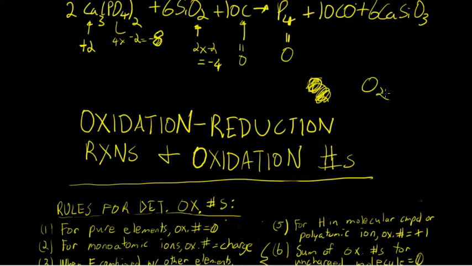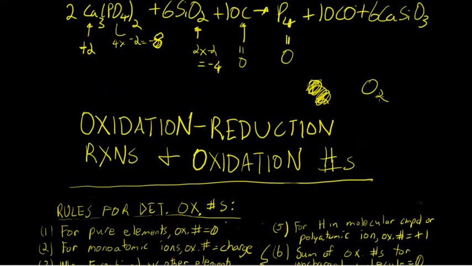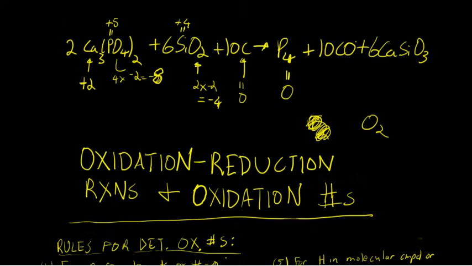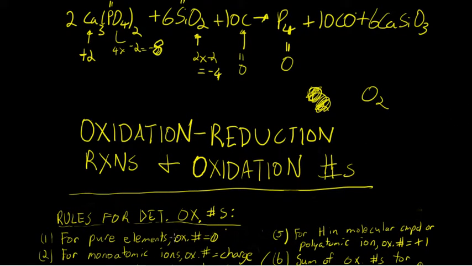When you have O2, oxygen is by itself. So really this rule number 4 doesn't apply, and it's rule number 1 that applies in the case of diatomic oxygen. But that's really an aside. That was just to say that just because you have 4 P's doesn't change anything as far as this rule applying.